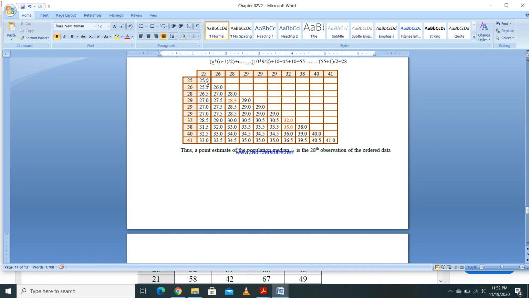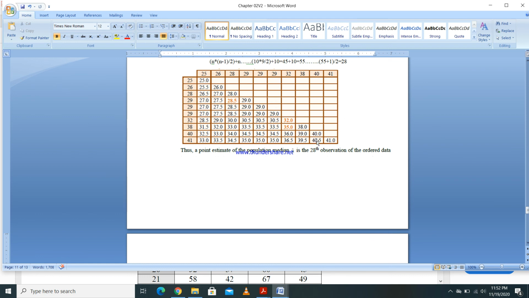In that case, the value would be equal to 28.5, right, because here you have 25, 25.5, then 26. Likewise, the smallest kth value would be 28.5. And if you check the largest kth value, according to this example the largest value is 41.